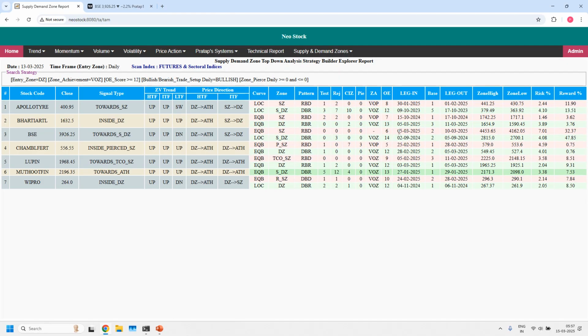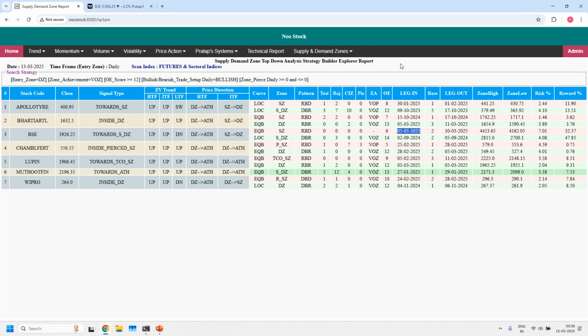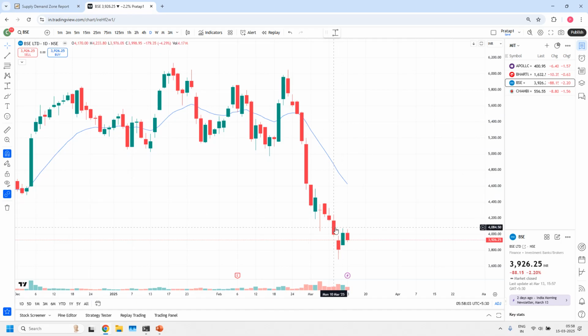The supply zone is 5/3/2025. So this is a rally candle, failed ERC as a rally. Probably these two base candles and drop. Let us check. Yeah, two base candles, 10/3/2025. This is 10/3/2025.